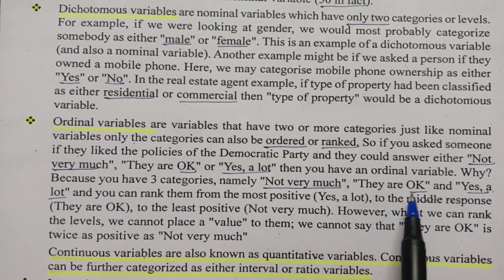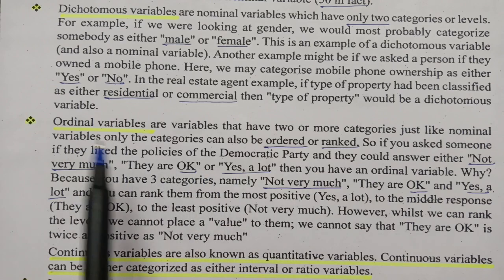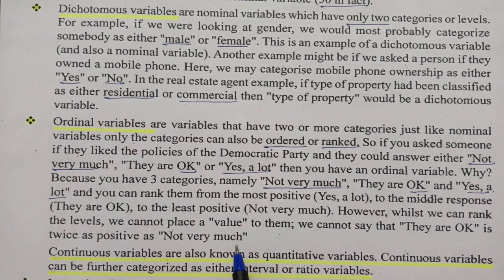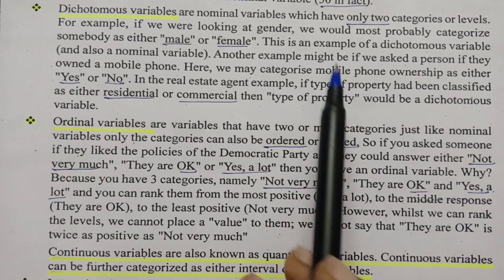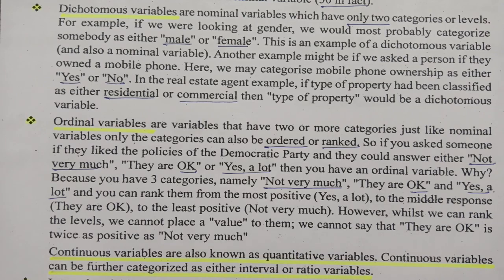So here the order or rank is maintained. If the order is maintained among the categories, we say it is an ordinal variable. This is the same as a nominal variable, except that here we maintain an order, whereas in nominal variables we don't maintain a rank or an order.